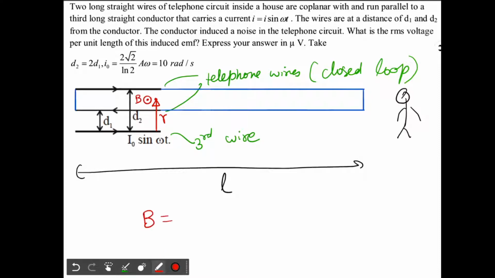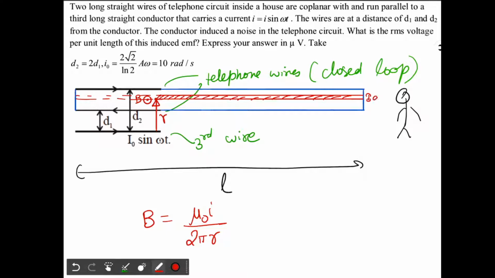So B will be mu naught I by 2 pi r. Now let's create a tiny element running on both sides.